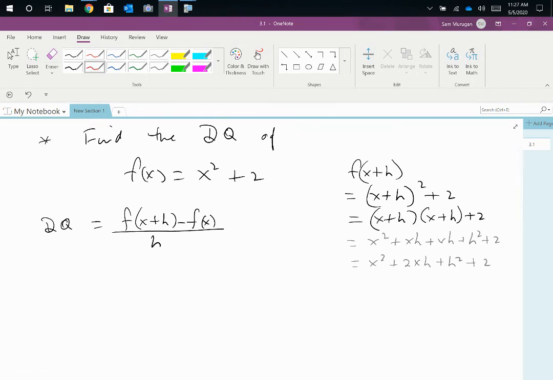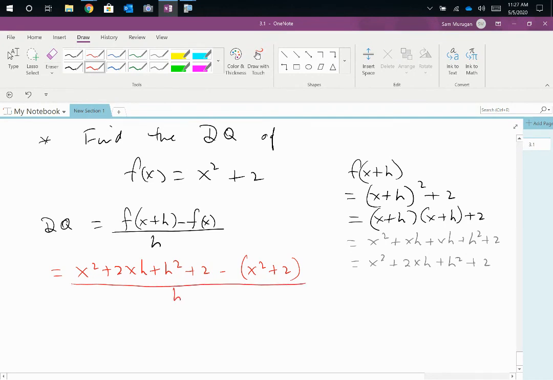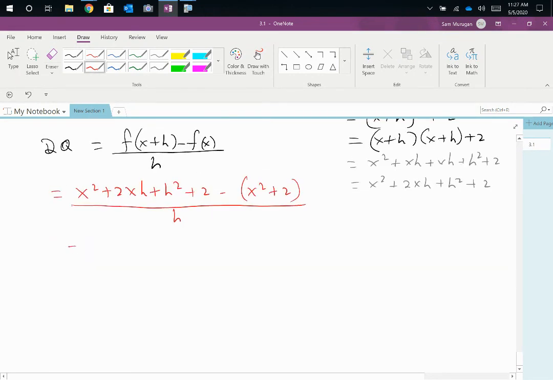So the difference quotient: x squared plus 2xh plus h squared plus 2 minus the original function, which is x squared plus 2, divided by h. So this is x squared plus 2xh plus h squared plus 2 minus x squared plus 2 over h.